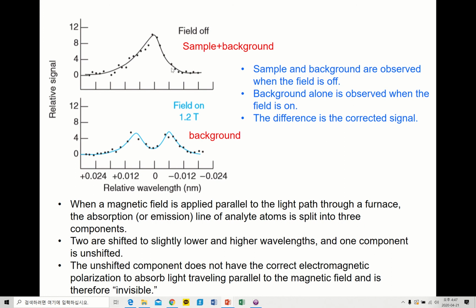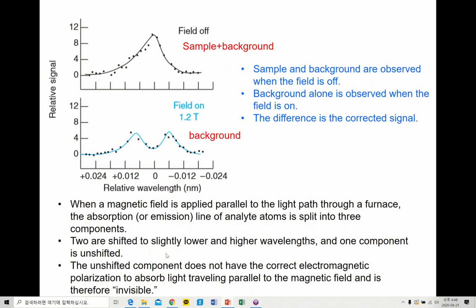This is the Zeeman correction, but you need to buy a very expensive instrument to use it. When a magnetic field is applied parallel, and this is important, parallel to the light path through a furnace, the absorption or emission line of the atoms is split into three components.